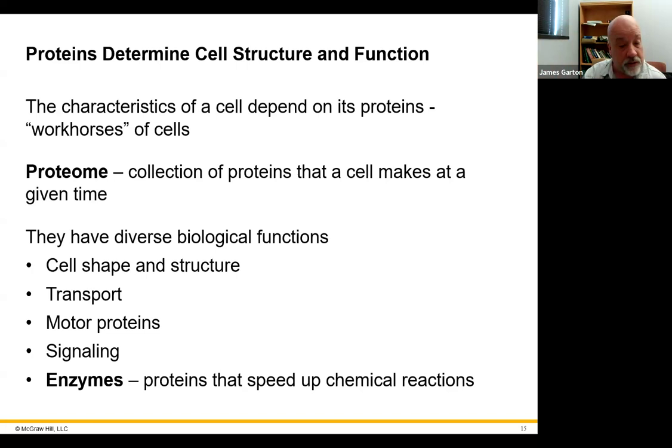They're involved in cell signaling, especially true in a multicellular organism. Every cell you have is identified as to what type of cell it is and which organism it belongs to. And there's a big group of proteins called enzymes that are there to speed up chemical reactions.